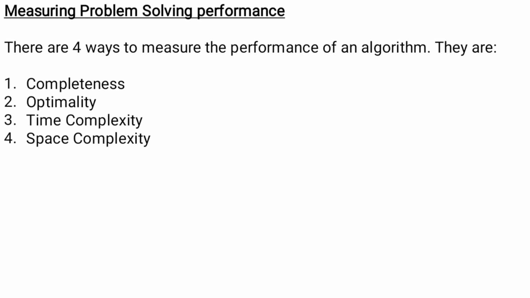The first one is completeness, means it measures if the algorithm guarantees to find a solution. Then optimality, means it measures if the strategy searches for an optimal solution. Time complexity means the time taken by the algorithm to find a solution. Then space complexity means the amount of memory required to perform a search. These are the four ways to measure the performance.